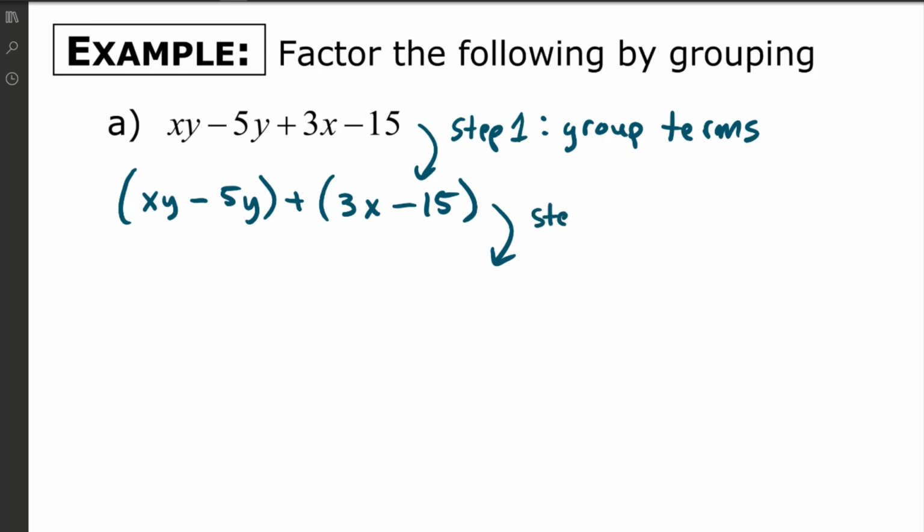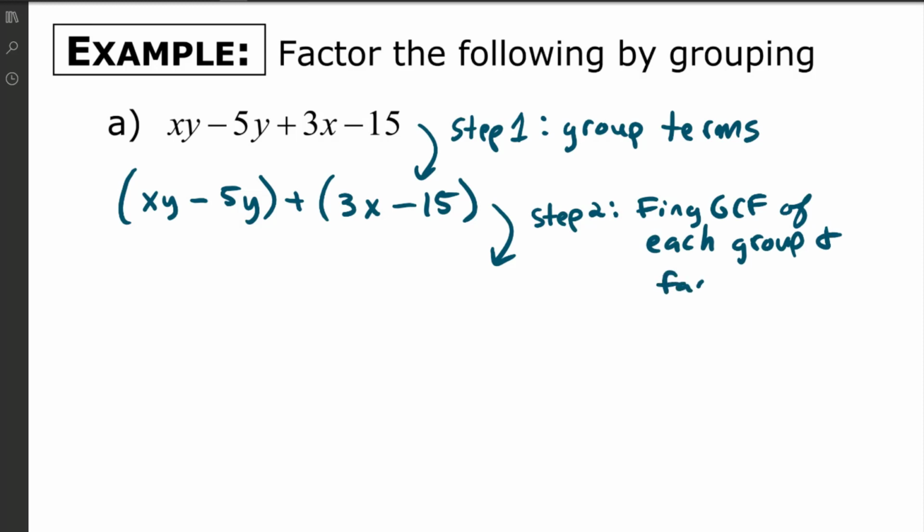Now, the second step is to find the GCF of each group, and then we're going to factor it out. So we want to find our GCF for each of our little groupings, and then factor or extract the GCF from each group.